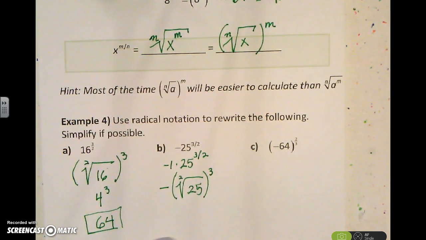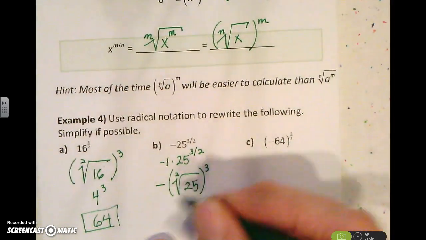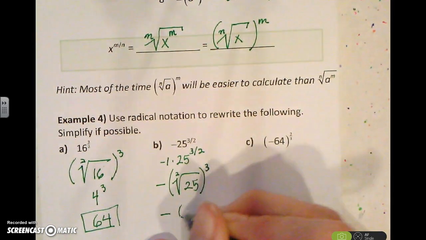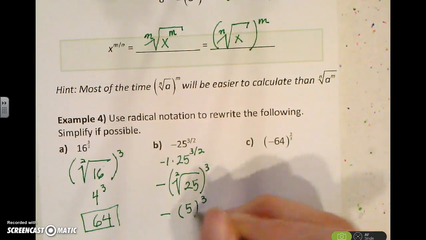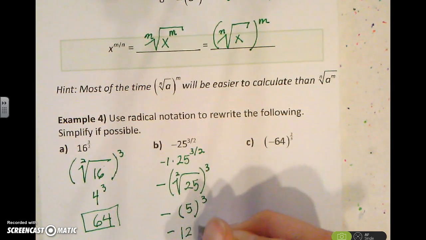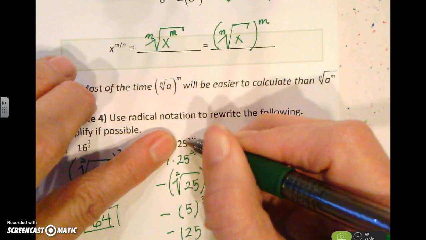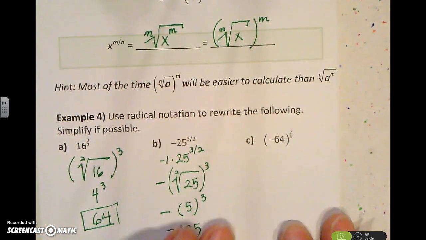Now you're just going to have to keep repeating this over and over, and it will become second nature to you. So I have a negative. The square root of 25 is 5 cubed. And 5 to the third power is 125. This is going to become a negative 125. So notice we do this whole thing first, and then that negative goes on the bottom right there.